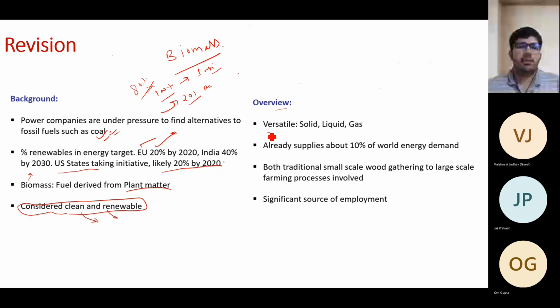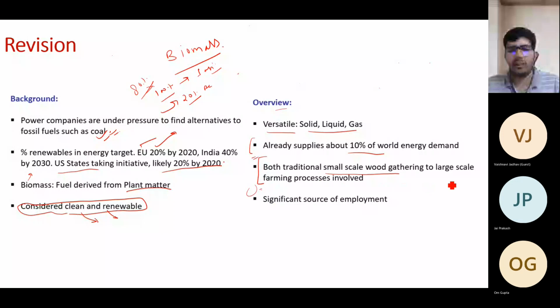Versatility: it can be solid, liquid or gas. It already supplies about 10% of the world energy demand. Biomass energy involves small scale wood gathering, like in small villages or small areas, where people collect wood and use conventional cook stoves, burning the wood to generate heat or for cooking.